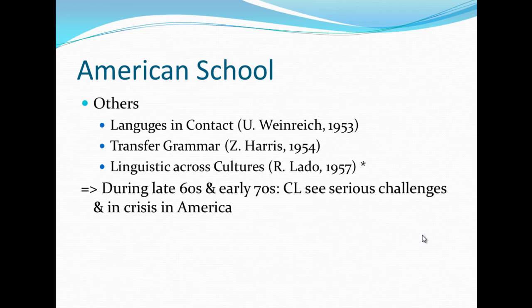Transfer Grammar is by Chase, an article published in 1954, and it focused on the possible negative and positive transfer from one language to the other. Languages in Context, I'm sorry for the spelling mistake there, by Waiter, was published in 1953, and this book discusses cultural differences in languages.